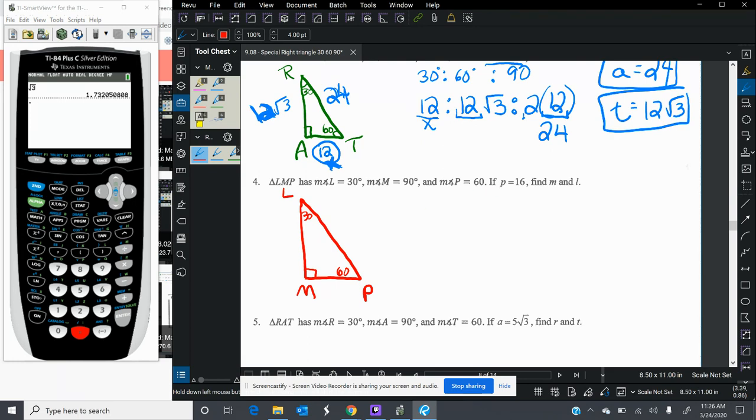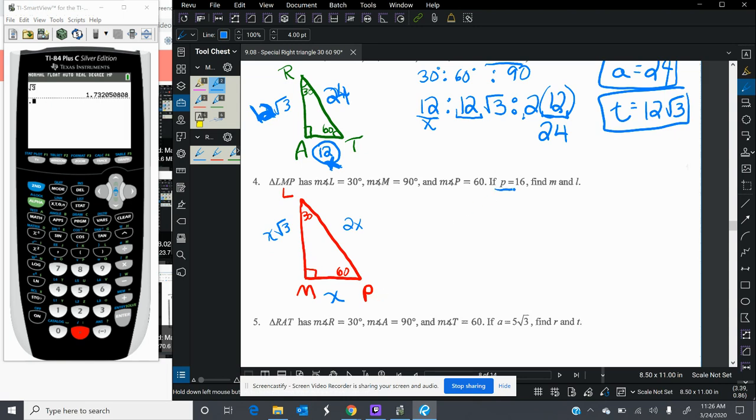So automatically, before I even go farther into the question, I recognize it's my 30, 60, 90. So across from 30, I'm going to call this side x. Across from 60, I'm going to say this side is represented by x square roots of 3. Across from M, we're going to state that side is 2x. And again, that's the ratio from the top of the screen.